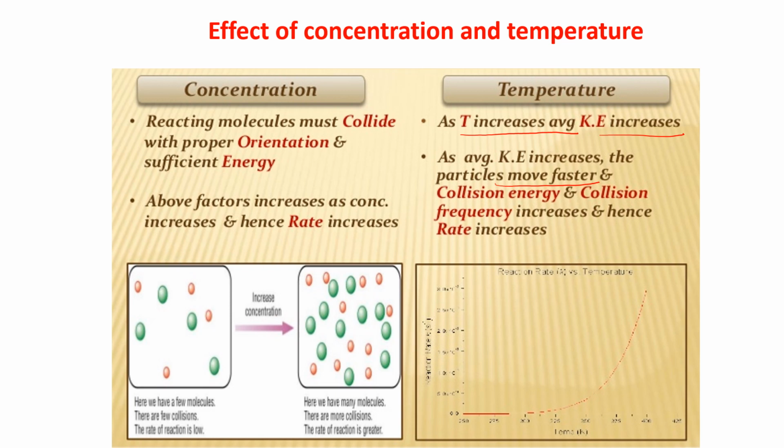Now see here in this diagram, we have few molecules. You can see that few molecules are here. There are few collisions and the rate of the reaction is low because the molecules are not too many. Even if we increase the temperature, the concentration is less, so only these molecules can collide.